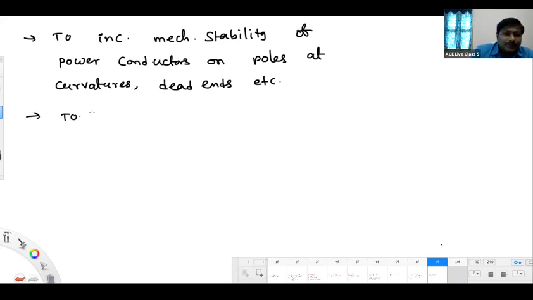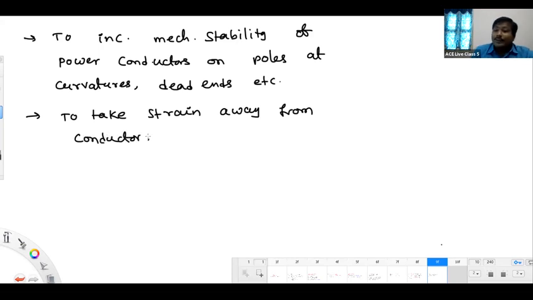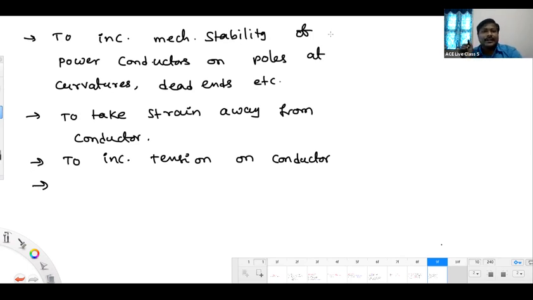We are keeping this: take strain away from the conductor, to increase the tension on the conductor. We will be using this one. Okay, next.